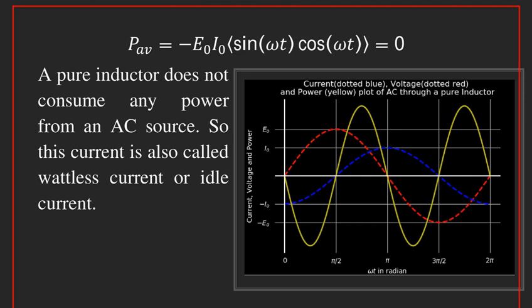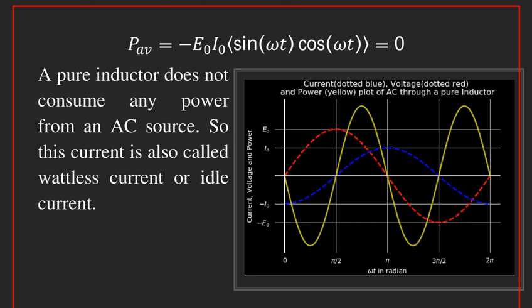Now in the case of an inductor, when current through the inductor increases, the magnetic field around that inductor also increases. So the energy is stored inside the magnetic field in the form of half L I square. So during the growth of current in the inductor, the energy is received from the AC source.